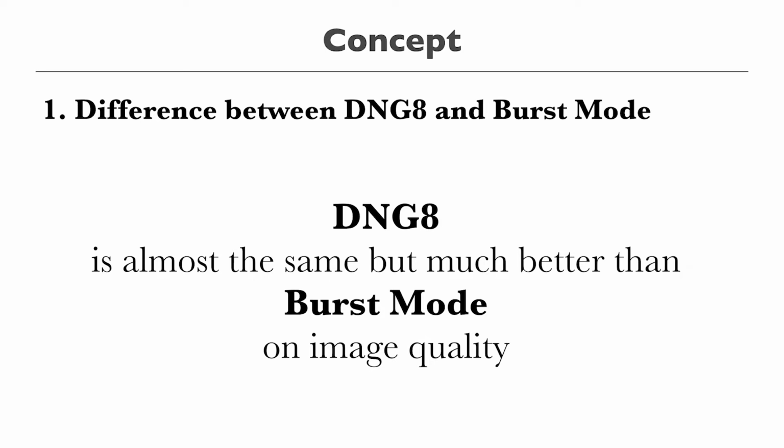The DNG8 is almost the same, but much better than the burst mode on the imaging quality, because the sequence of 8 DNG shots will be used to do image stacking in RAW Plus to improve the imaging quality and reduce the noise. And by selecting one of the frames as a reference image, you can also catch that beautiful moment at high speed, right?